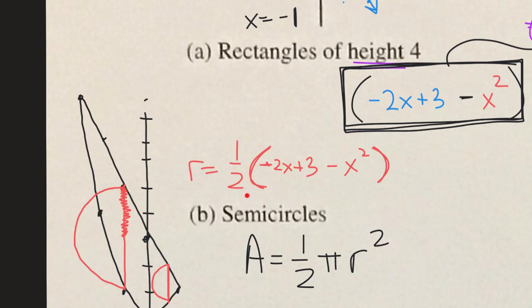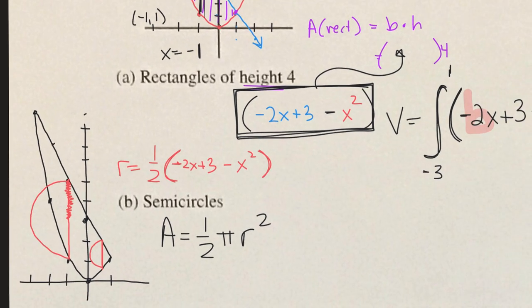So our radius changes, right? But it still involves your formula of the top equation minus the bottom equation. That's how we find the distance in between our two curves, is we do the top equation minus the bottom equation. So this one's formula would look like the integral from negative 3 to 1, right? That part doesn't change.